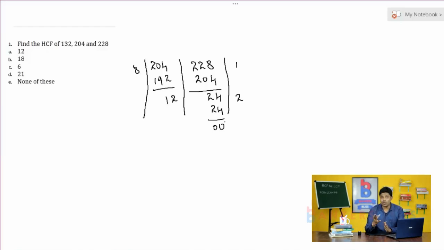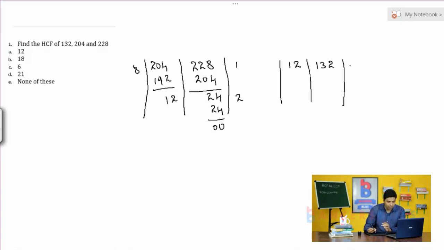Still one more number is remaining, the number is 132. So now you calculate the HCF for 12 and 132. Which is the bigger number here? 132 is the bigger number. 12 tens are 120, 12 11s are 132.